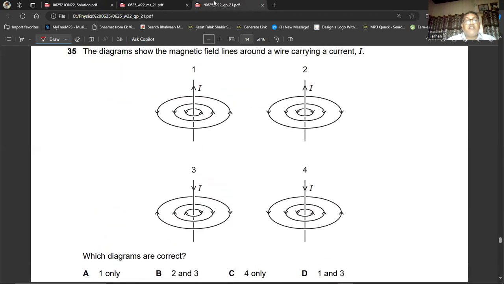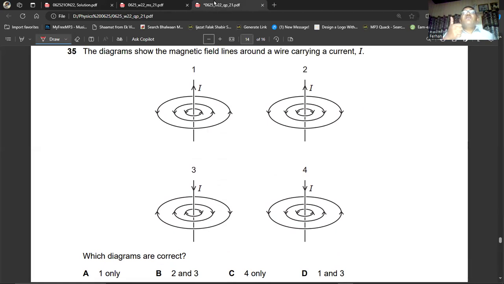Question number 35, he says the diagram shows the magnetic field lines around a wire carrying a current I. Which diagrams are correct? Okay, so if you want to find out the circular magnetic field around the current carrying conductor, we use the right hand rule. For the straight conductor, you hold it in your right hand in such a way that your thumb is in the direction of the conventional current.